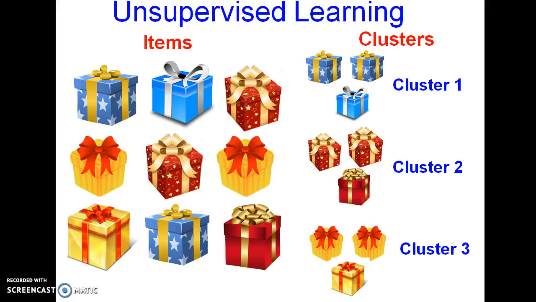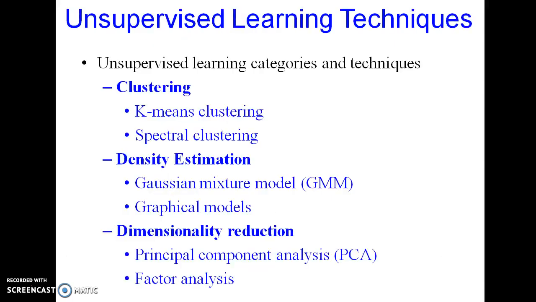So instead of obtaining a labeled response, this technique is used to find groupings in data. Now here is the list of various unsupervised learning techniques such as clustering, density estimation, and dimensionality reduction.